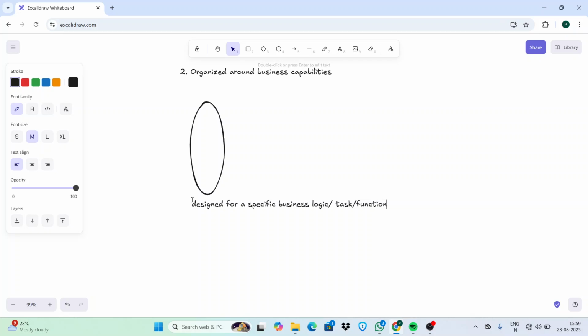The second principle says that each microservice should be designed to handle a specific business logic or specific business task. So for example, in our application we are creating three microservices. One is for validation, one is for processing, and one is for integration.